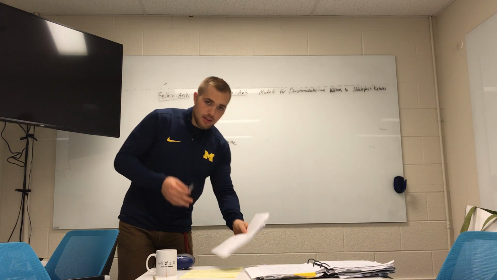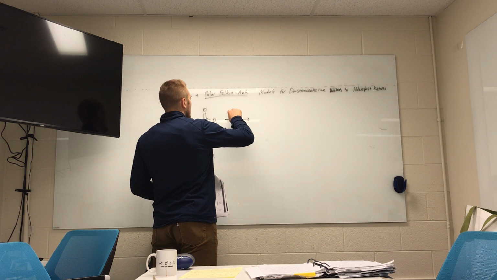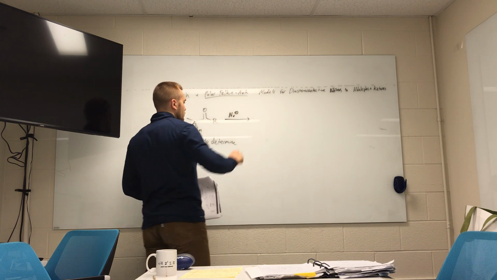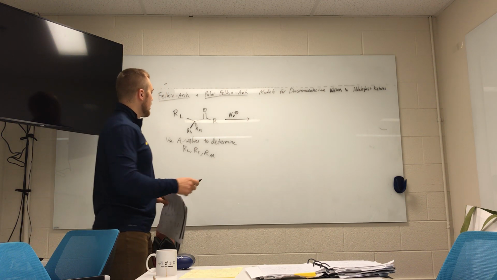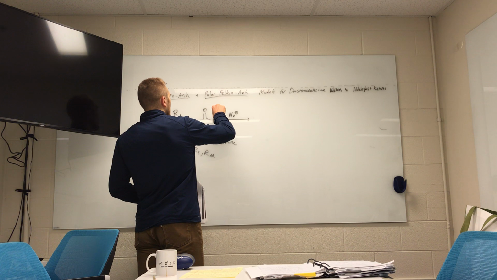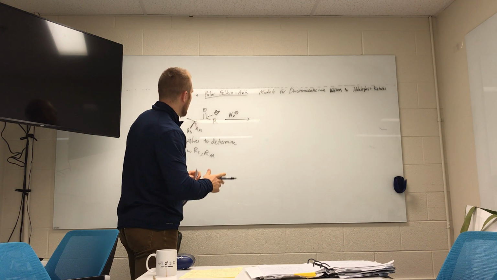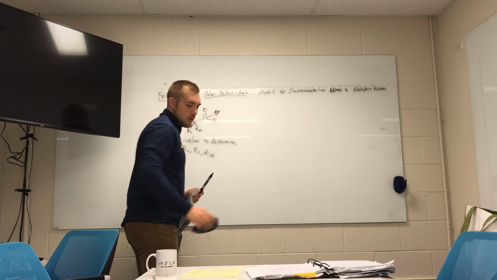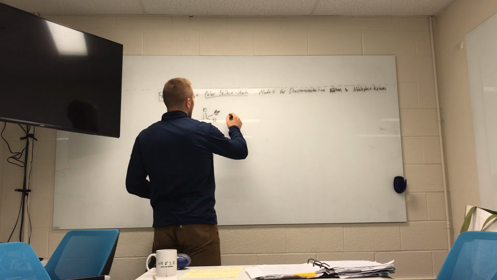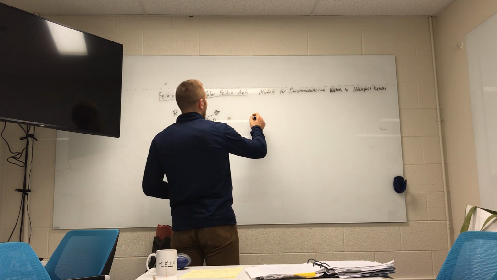Now, if we take this ketone or aldehyde and then react it with a nucleophile, what the Felkin-Anh model says is that, first, before we actually talk about Felkin-Anh, let's draw a Newman projection of this aldehyde or ketone.